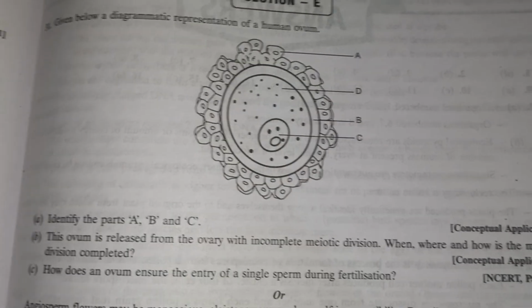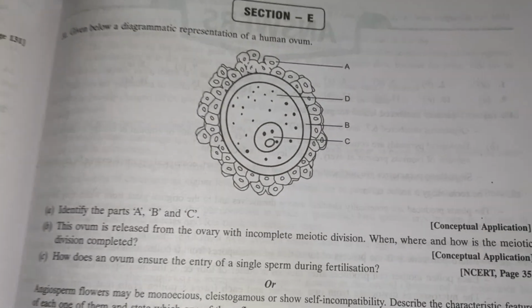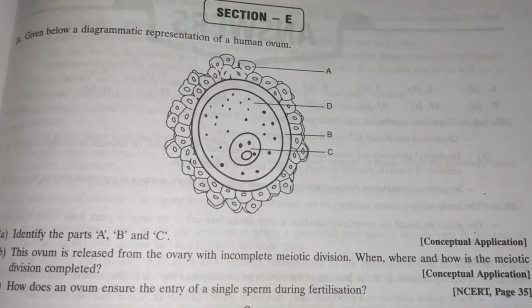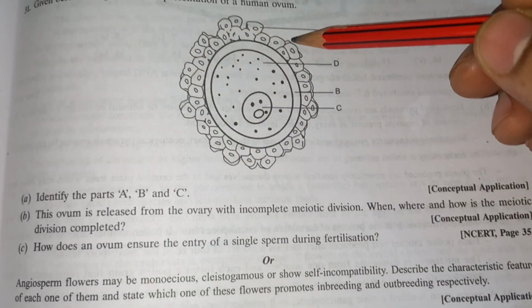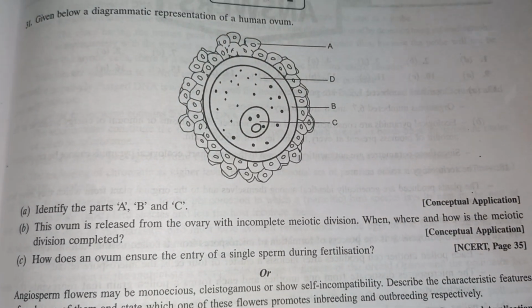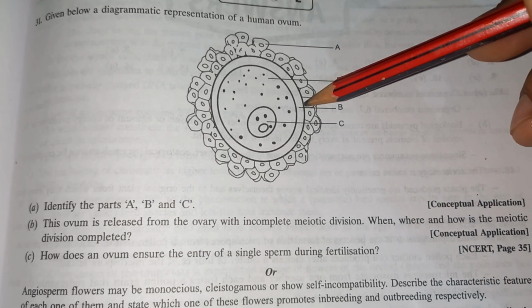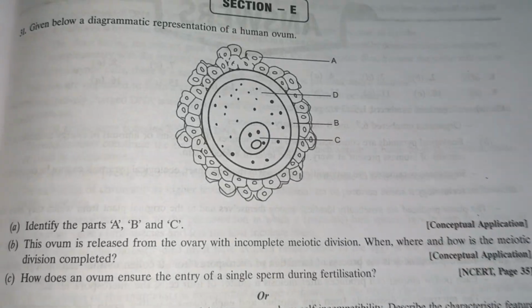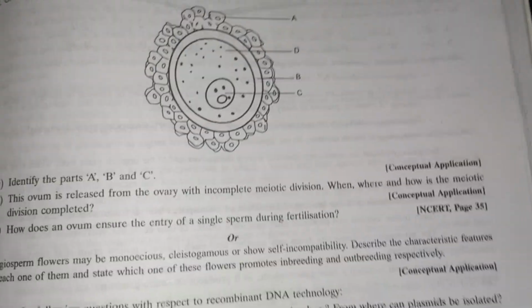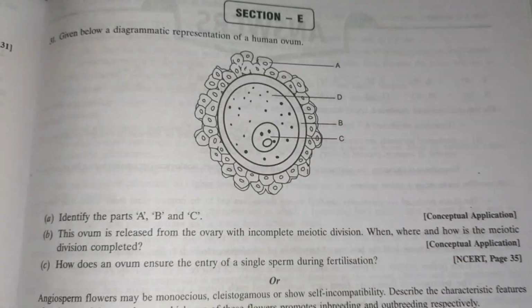So we can say that the part A here is called the Zona pellucida. This layer is called the Zona pellucida layer. The second thing, the B part, which is the outer part.